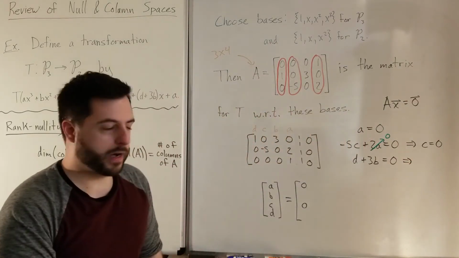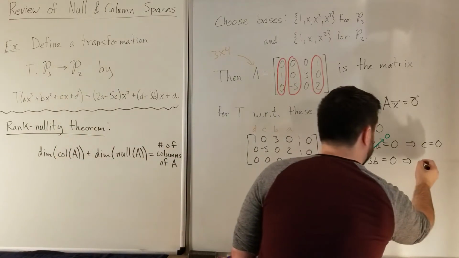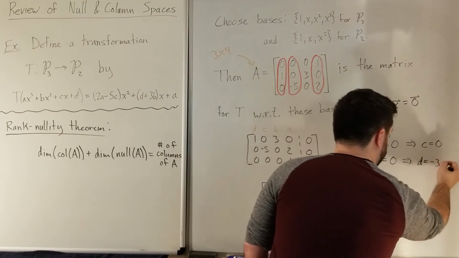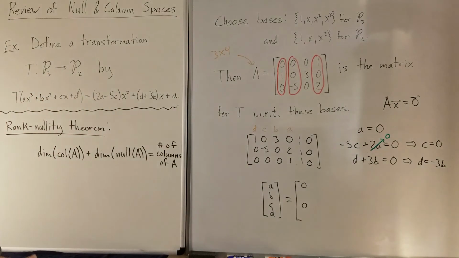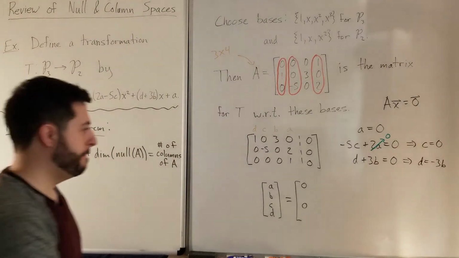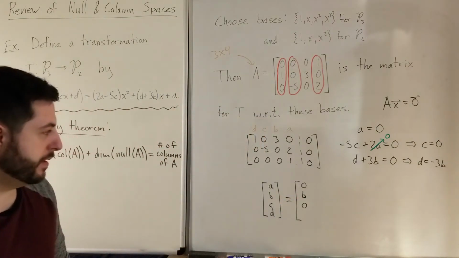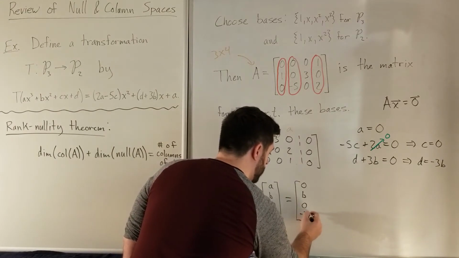We're going to pick a free variable, and it doesn't matter which one we choose. I'm just going to solve for the easier one to solve for. So this is d is equal to negative 3b. So b is going to be my arbitrary choice, my free variable. And I'm going to leave that as a b. And whatever b I put there, d must be negative 3 times it.